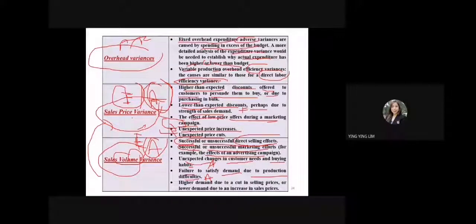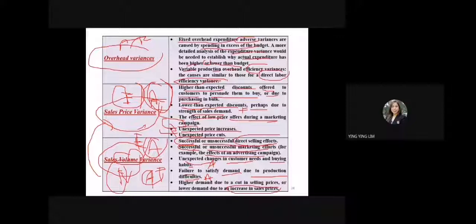Meaning to say your sales volume is favorable, your sales price is adverse. This is price, this is volume. If I increase my sales price, then my sales price variance will be adverse.